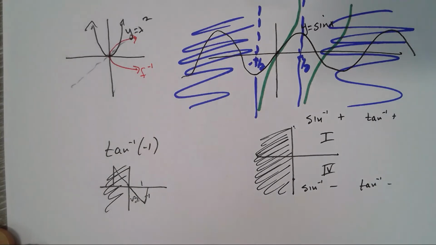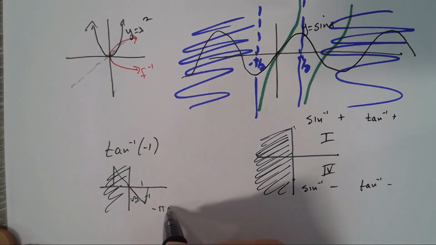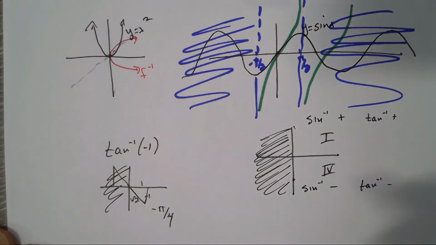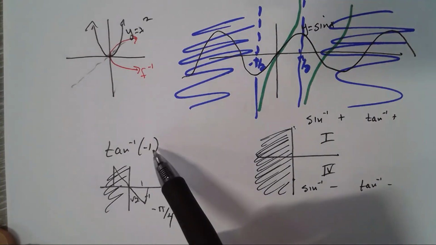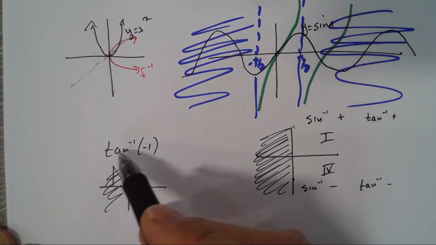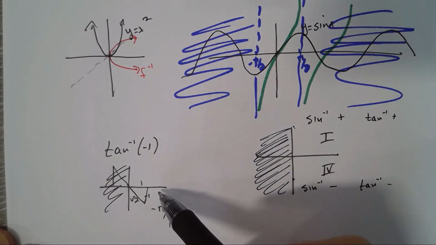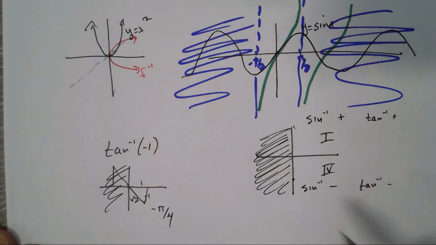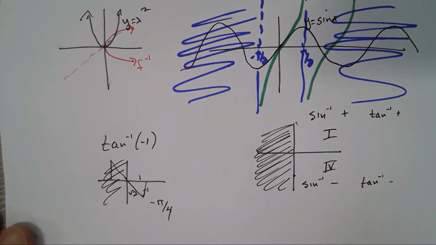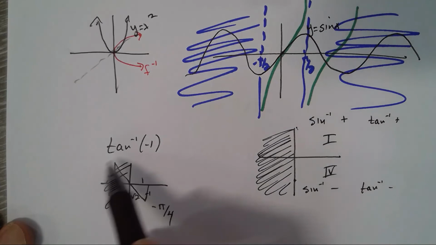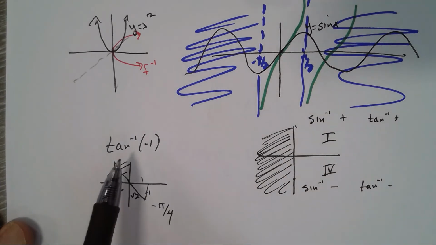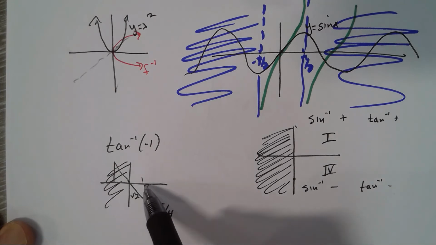So it'd be negative pi over 4. You can't say that the inverse tangent of negative 1 is 7 pi over 4, even though 7 pi over 4 has a tangent of negative 1. 7 pi over 4 is not defined for inverse tangent. It's just going from negative pi over 2 to pi over 2.